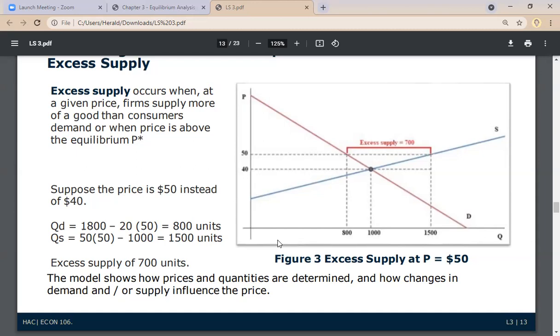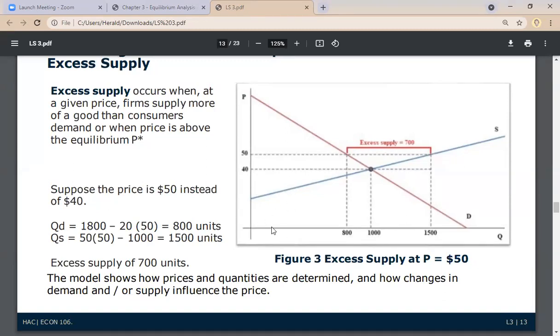Possibly the suppliers have produced more than expected in the market. And one possible reason for that is that the price of that commodity is high.